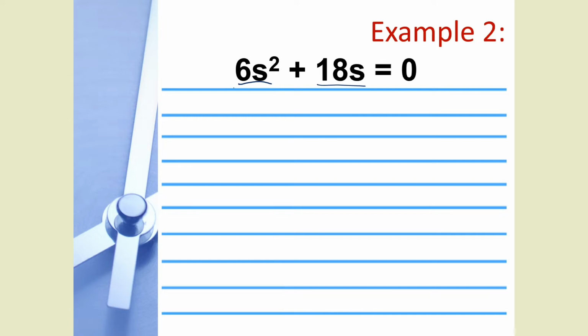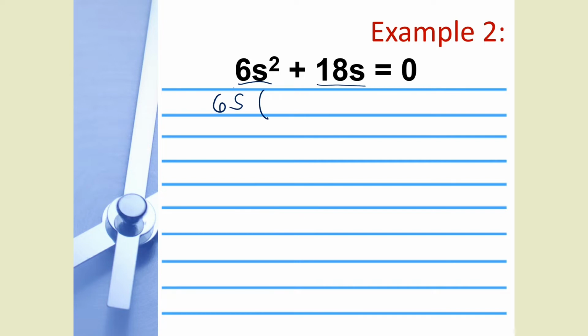So, ilalabas lang natin yung common factors, yung greatest common factor nitong dalawang terms na ito. Start muna tayo sa numbers 6 and 18. So, ang GCF ng 6 at 18 ay 6. And then yung sa s squared at saka s, ang common factor nila ay s. Times the quantity of, so ano yung matitira sa loob ng parenthesis?